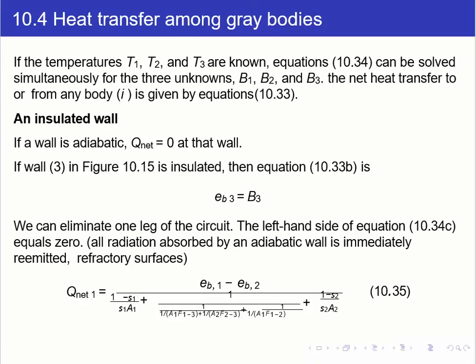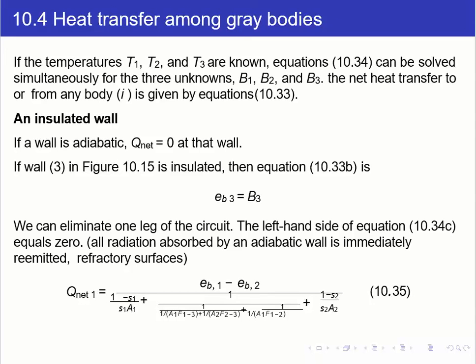If a wall is insulated, that is adiabatic, then the flow of Q net will be 0 at that wall. If the wall is insulated, then EB3 is equal to B3. We can eliminate one leg of the circuit and the left-hand side of the equation equals 0.